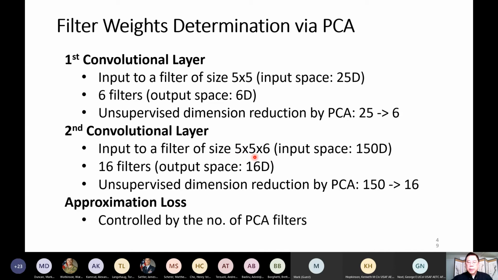That's the spatial filter size, and this is the channel count, because of the first layer's output. So the input space is 150, and the output is 16 filters. You have 16 bases to span the subspace, so you want to project onto the 16, and you can use PCA to do that. So we can use PCA to select the coefficients. Okay, so that's the subspace approximation. And we can also decide how many filters based on the number of PCA components. If you have more filters, you can get a better approximation.